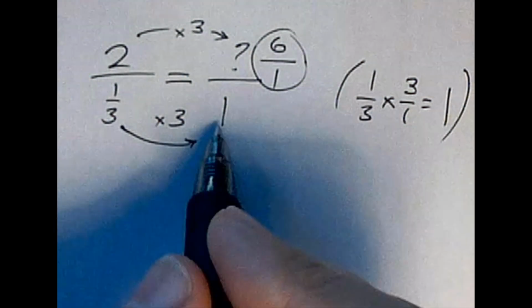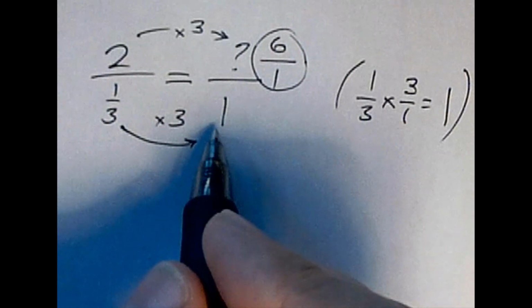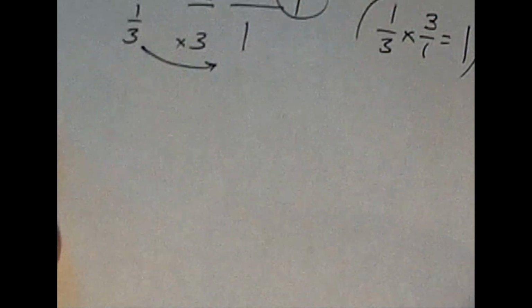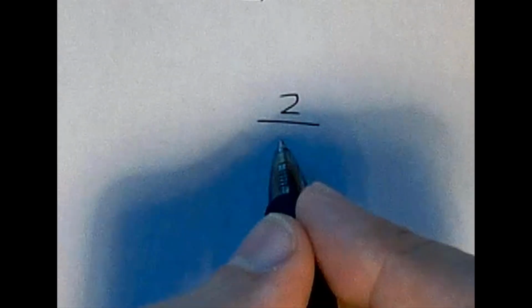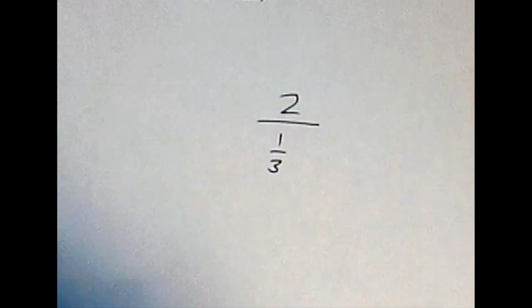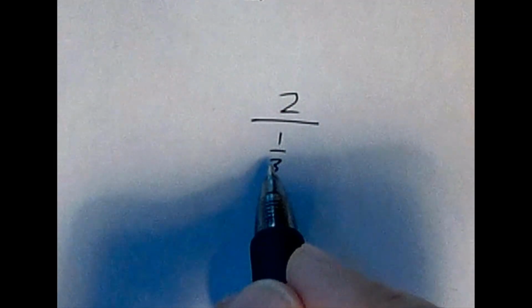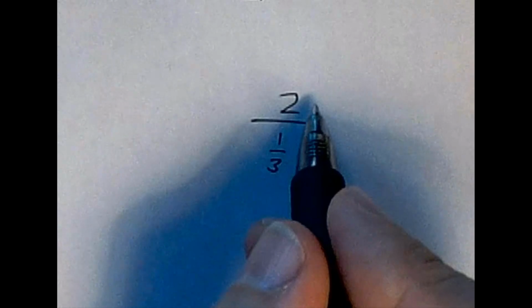Now, because we're looking for a denominator of 1, we can also say that's a unit rate. And unit rates work out really well, because then all you have to do is divide the two numbers, 2 and 1/3. Now remember, this is nothing but a division problem. So if you divide 2 by 1/3, you find out how many yards per 1.